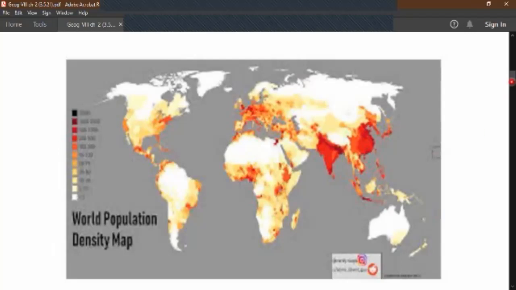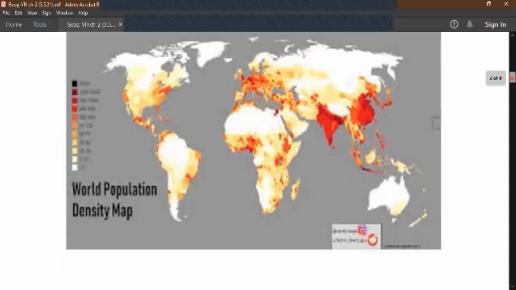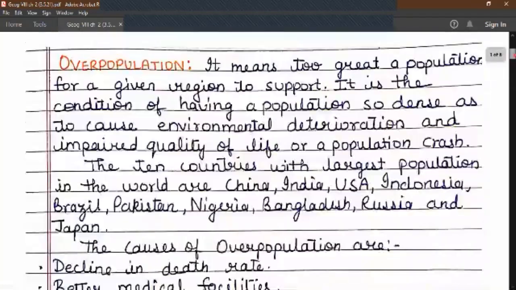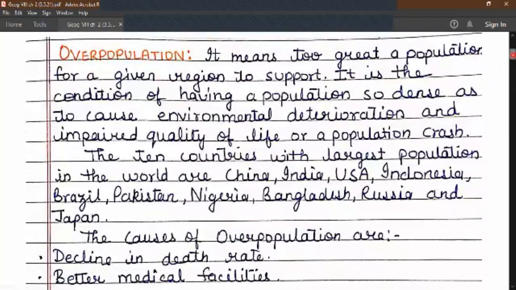So now, first of all, let us discuss overpopulation. Overpopulation means too great a population for a given region to support. It is the condition of having a population so dense as to cause environmental deterioration and impair quality of life or a population crash.